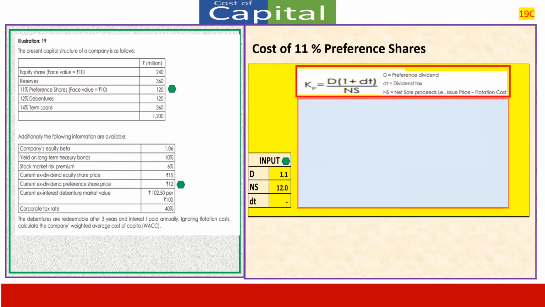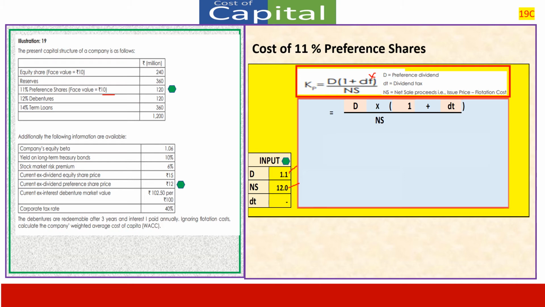Coming to preference shares, as we found, we thought of giving this solution for getting the result, but we don't have the dividend tax portion. We take it as 0. Here 11%. If it is 11% on a face value of 10, dividend becomes 1.1. And second, preference share price. The price as of today is 12.